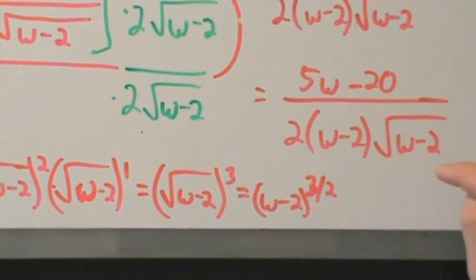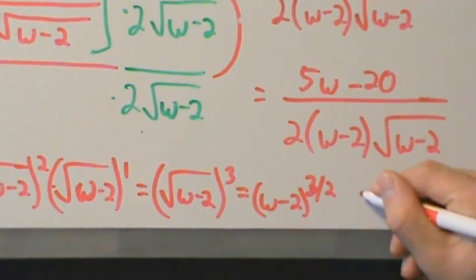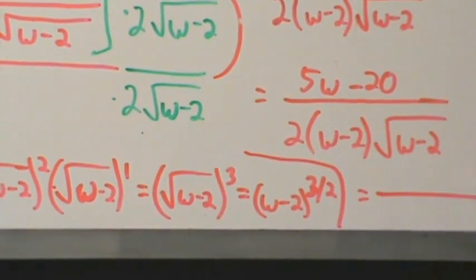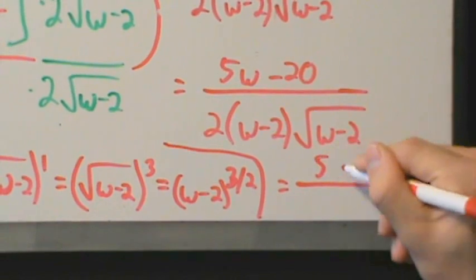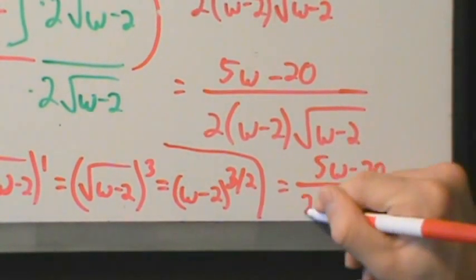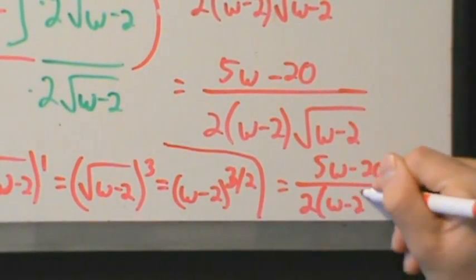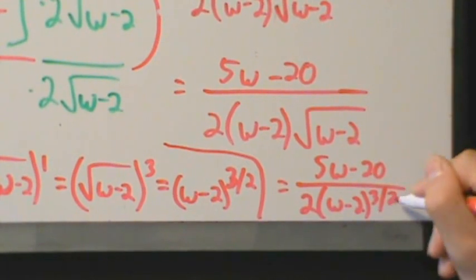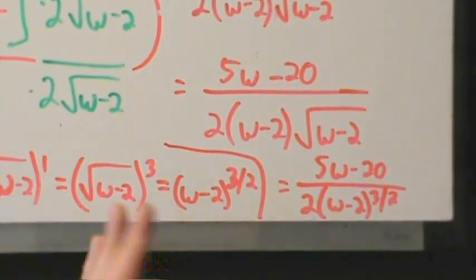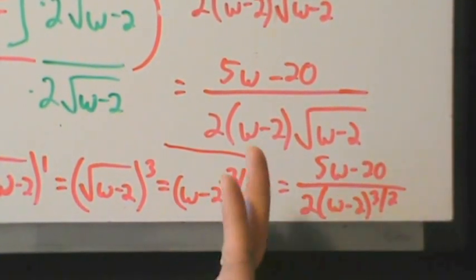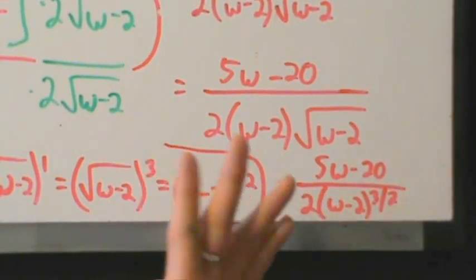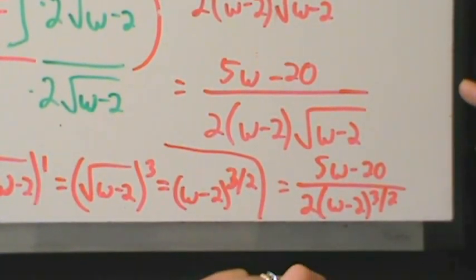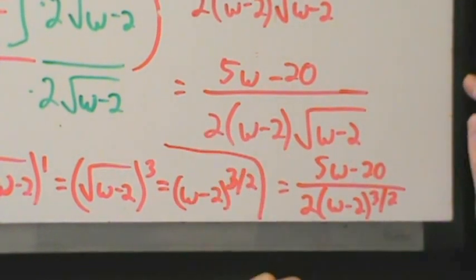So if you really want, we could write the derivative as 5w minus 20 over 2 times w minus 2 to the 3/2. But for what we need to do with it, we don't really need to write it in that form. But if you want to, that's totally fine. There's really no reason either way.